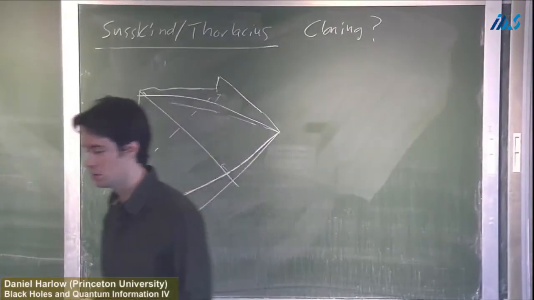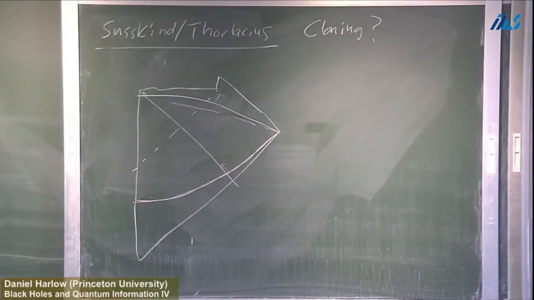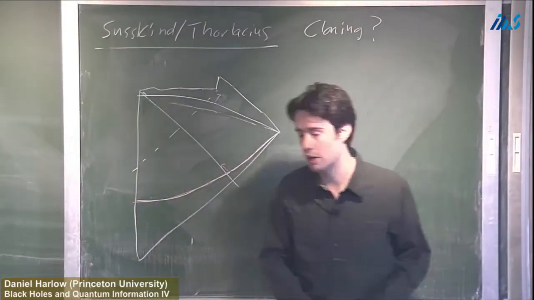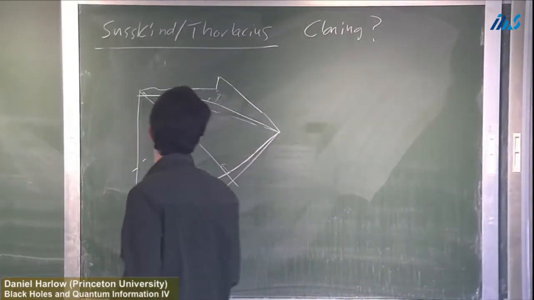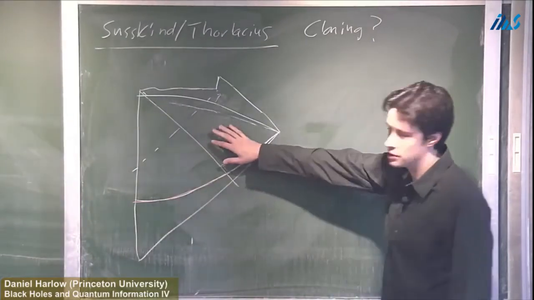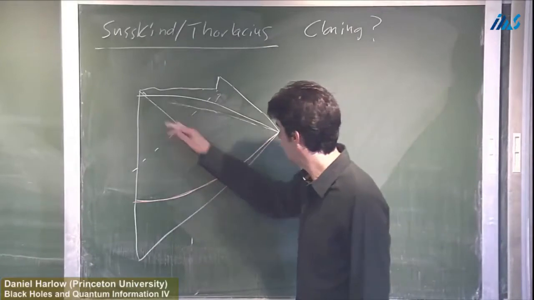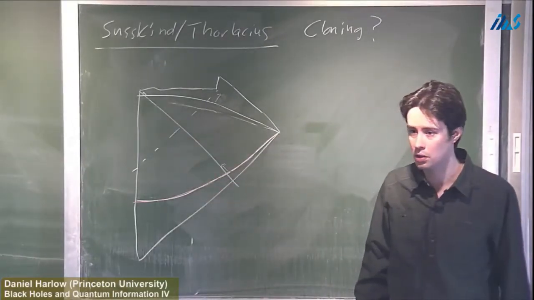Yeah. So you said you have to go at least after the Page time. Yeah. But of course that information you send in might come much later. Is there any argument why it can't come? So Patrick and John studied this in their paper. The version I presented here is the version that Lenny and Thorlacius talked about, where you send in the information along with the initial shell.